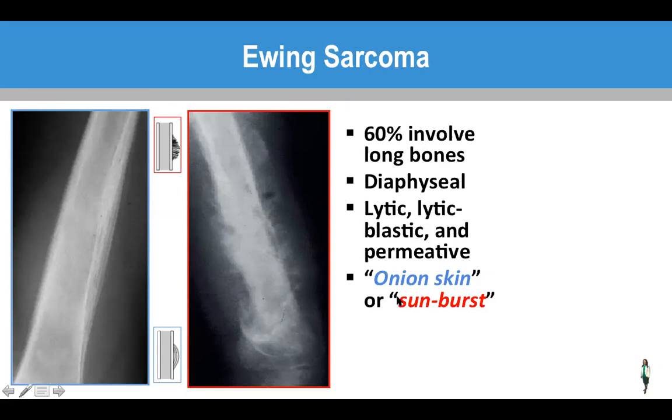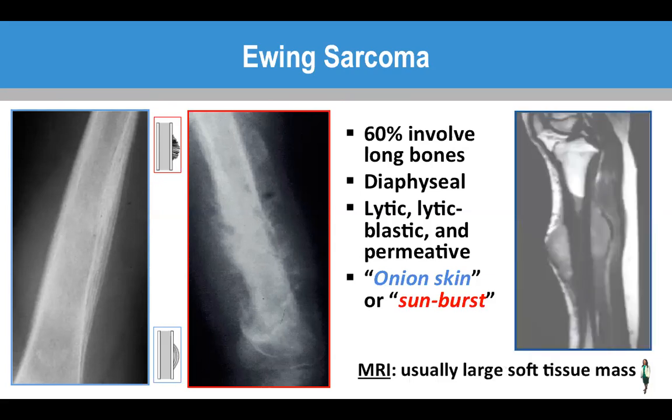So this is frequently seen in Ewing sarcoma because Ewing sarcoma is such an aggressive tumor. But when you see this, it's not necessarily always Ewing sarcoma because osteosarcoma could have this pattern. So the deal breaker is to look for the matrix of osteosarcoma.